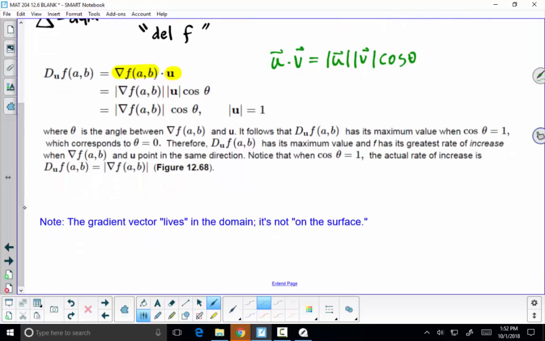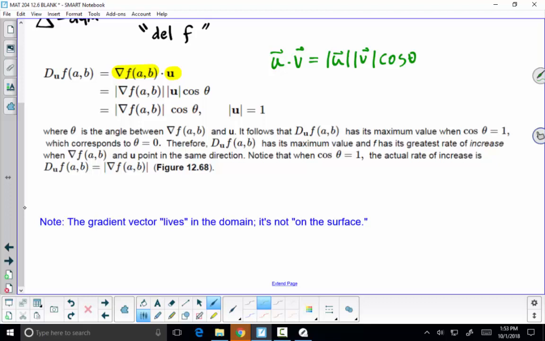A couple of points to focus on here. The length of del f, if we plug in, is going to be a number, and it's going to be a positive number, or at least a non-negative number because of the absolute value bars. Cosine of theta, though, could be positive or negative. But the most cosine can ever be is positive 1, and the least cosine can ever be is negative 1.